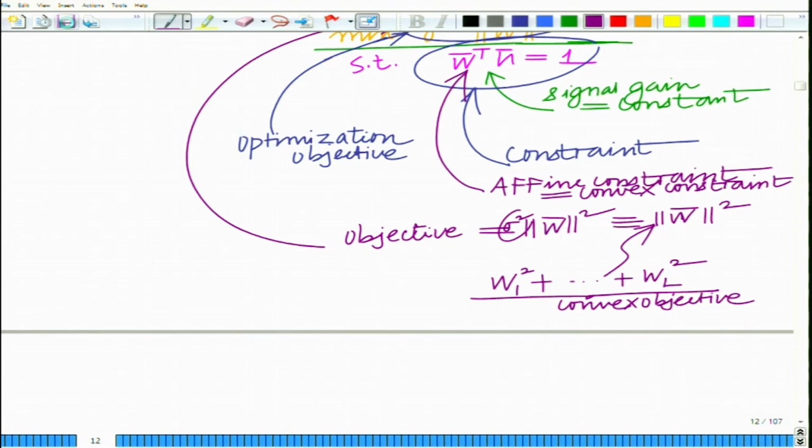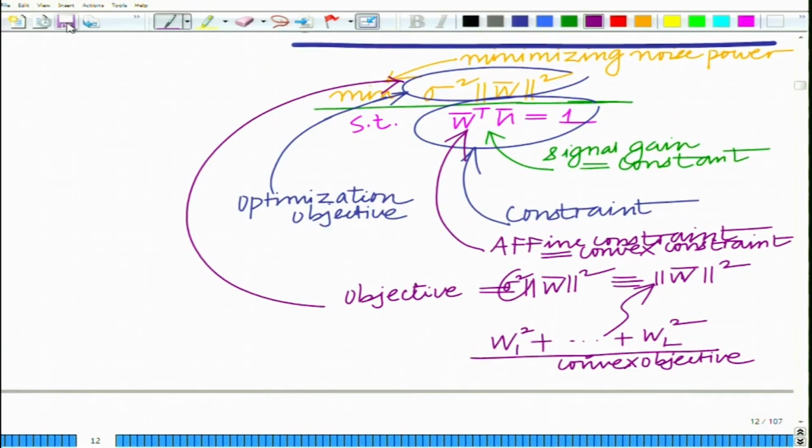So, you have a convex objective function and you have a convex constraint. You can have more than one convex constraint, you can have a set of convex constraints. So, convex objective plus convex constraints makes a convex optimization problem. That is a special subclass of optimization problems which we are going to focus on.